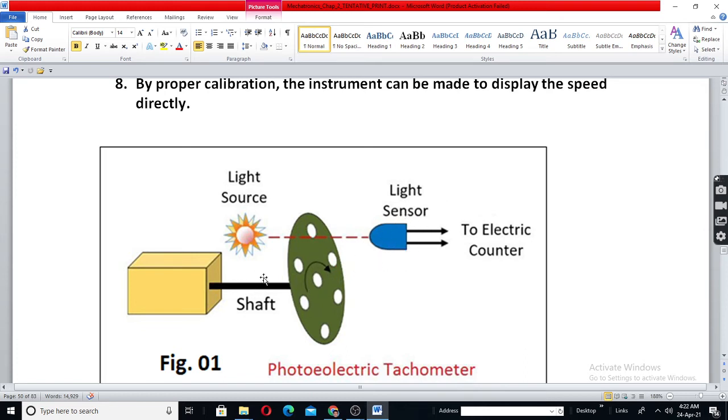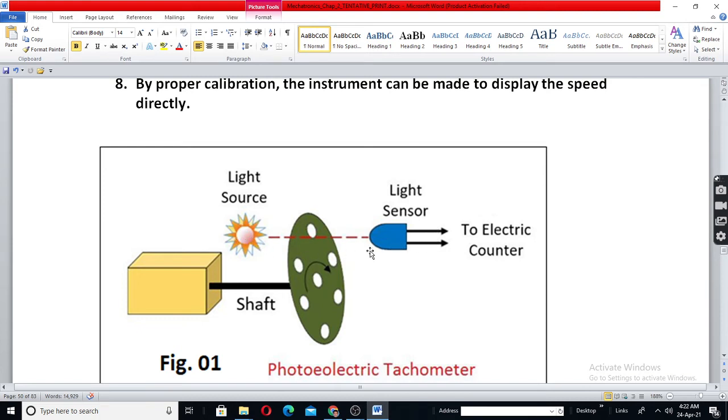When the shaft moves, the disc also moves. Light path is interrupted and allowed. The frequency of interruption and allowing the flow of light from the light source to the sensor will give pulses across the sensor.